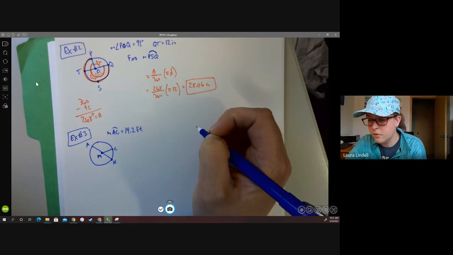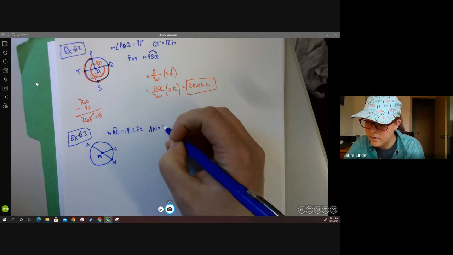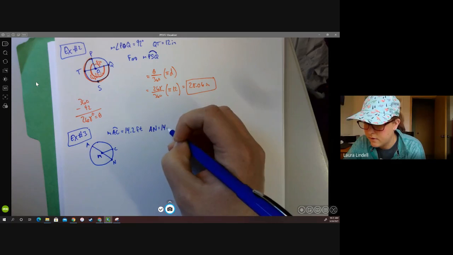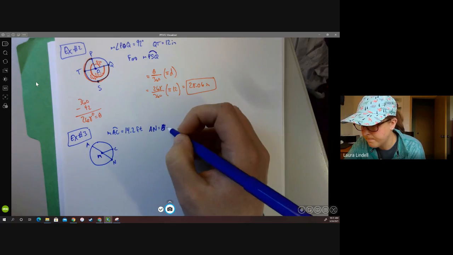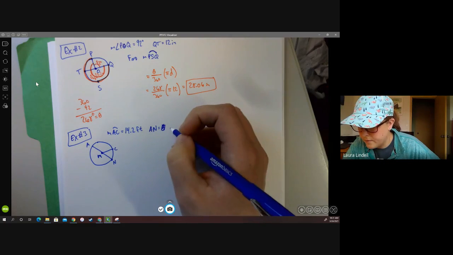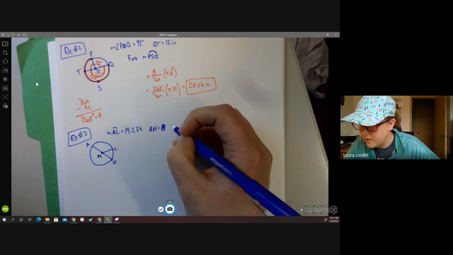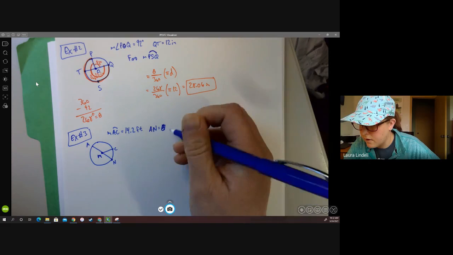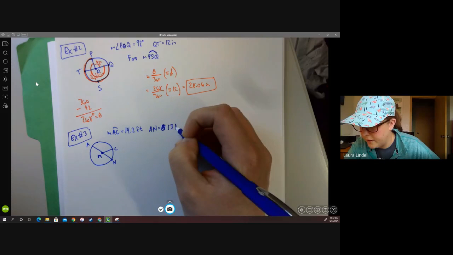And then we are also told that AN is 13 feet.